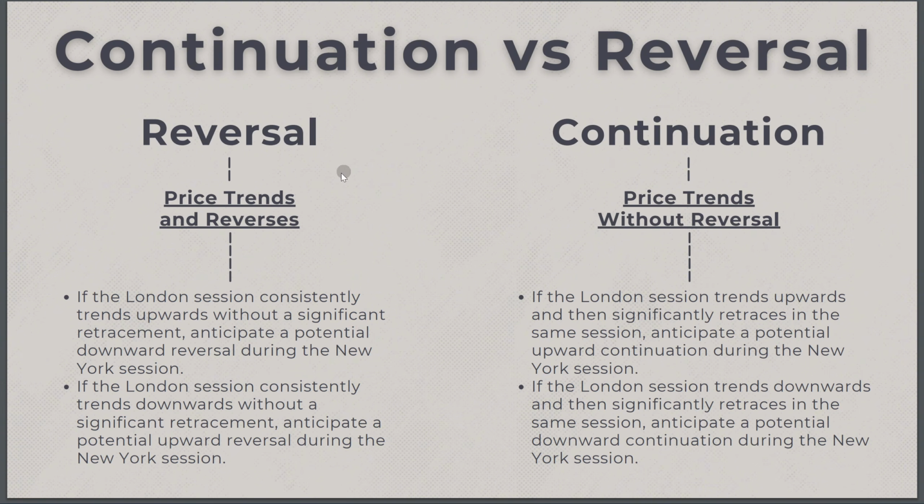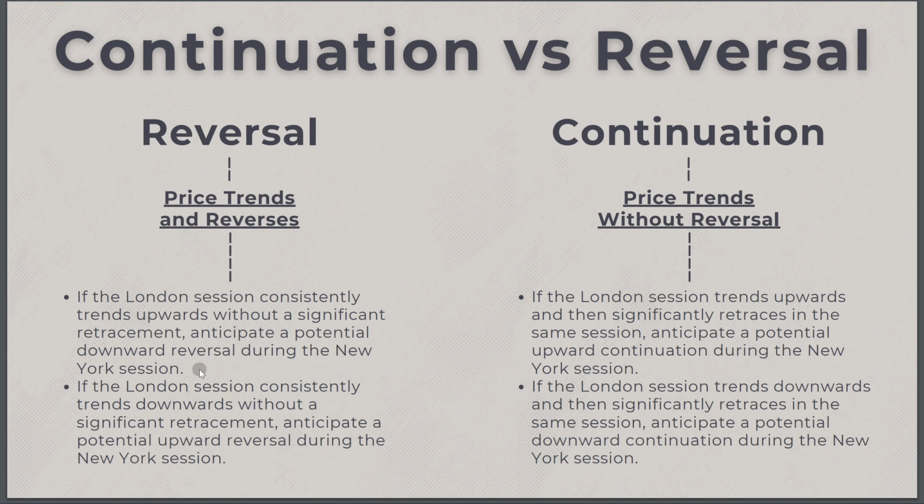Now, when could we have a reversal? It's going to be price trending in one direction and then reversing in the opposite direction. That's going to happen if the London session consistently trends upwards without a significant retracement. We anticipate then a potential downward reversal during the New York session. And the opposite is also true. It applies the same.